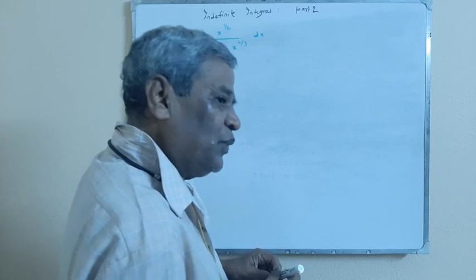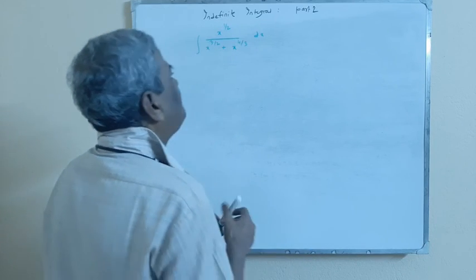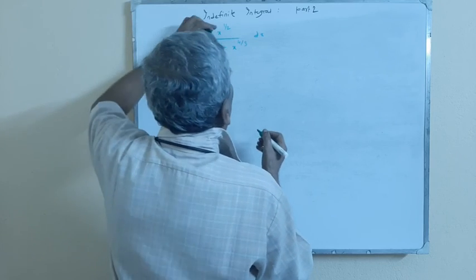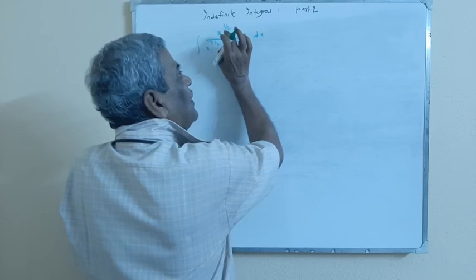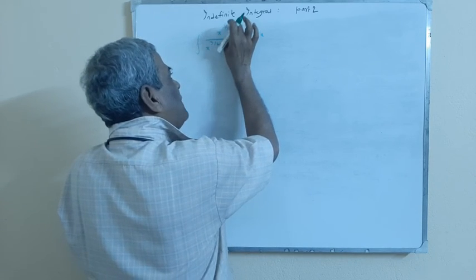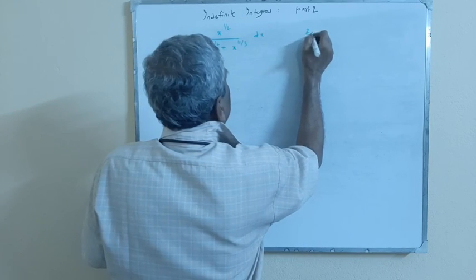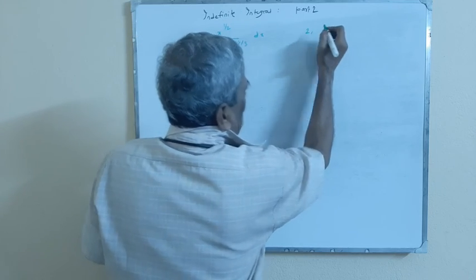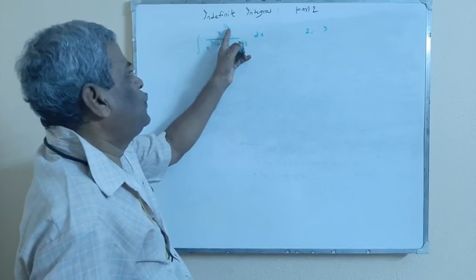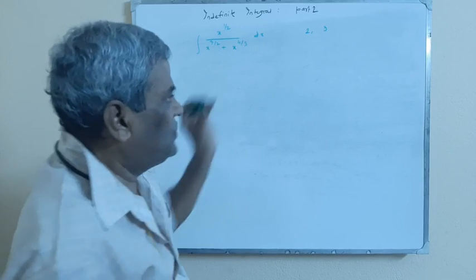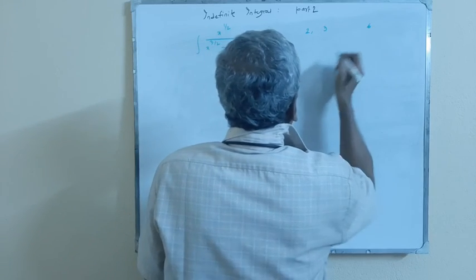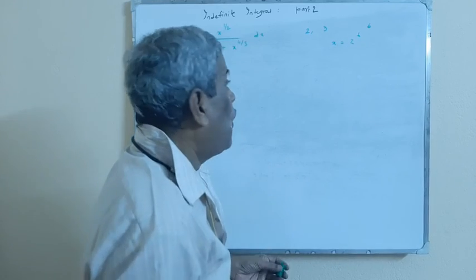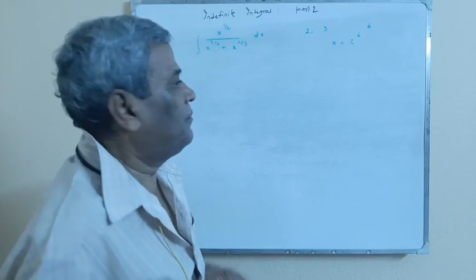So we have to put, first of all, you see what is the LCM of the denominators of the powers. First one is 2, it is again 2, and it is 3. So the LCM of 2 and 3 is 6. Put x equal to z to the power 6 so that all powers will be integers.